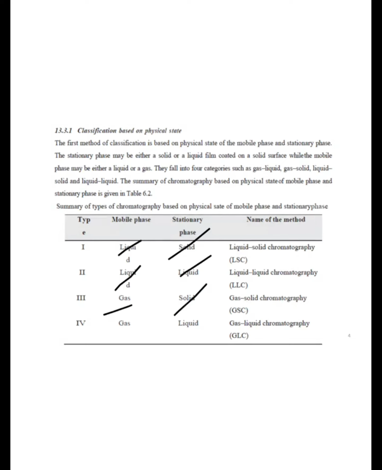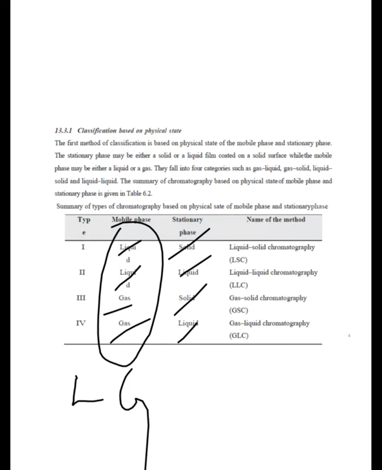In the fourth type, the mobile phase is gas and the stationary phase is liquid. So what you clearly observe from this is that the mobile phase can only be liquid or gas. It cannot be solid. Why? Because it should move from the top, pass through the sample, and get eluted. That is the mobile phase, and the stationary phase may be in liquid or solid form.